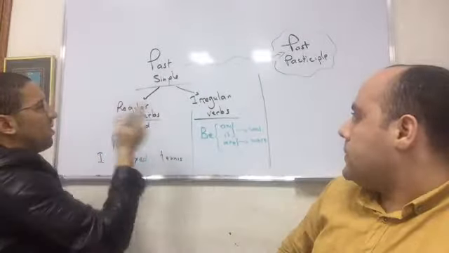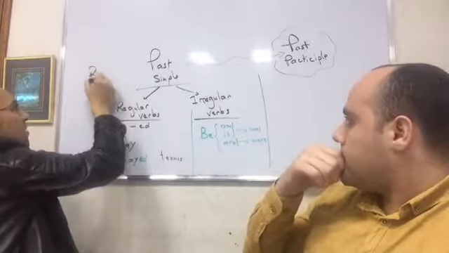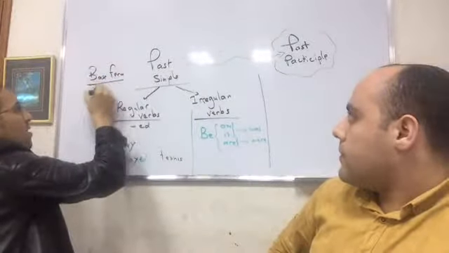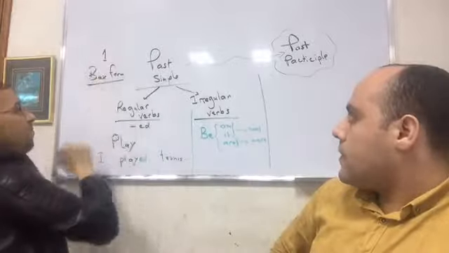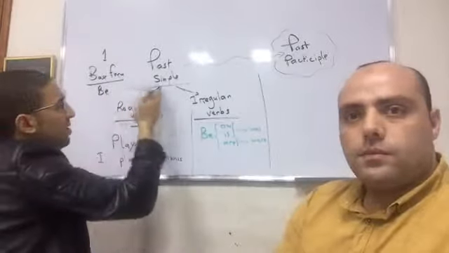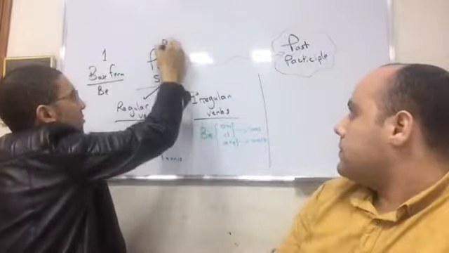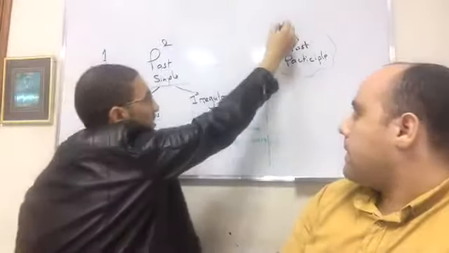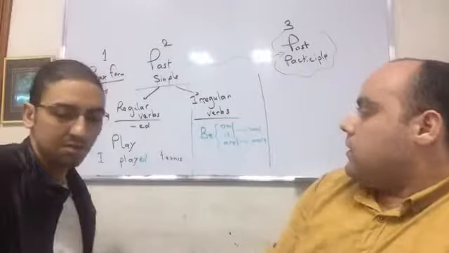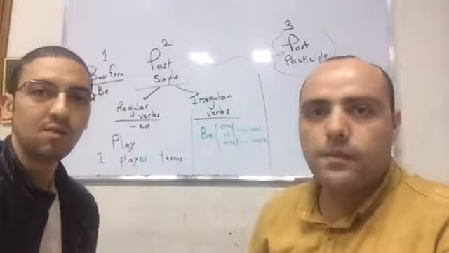The present simple, or the base form of the verb, we can give number 1, for example, be. And the past simple of the verb to be, which is was and were, we can give number 2. And then we move to the third, which is the past participle. Mr. Majid is going to tell us about the past participle a little and the usage.